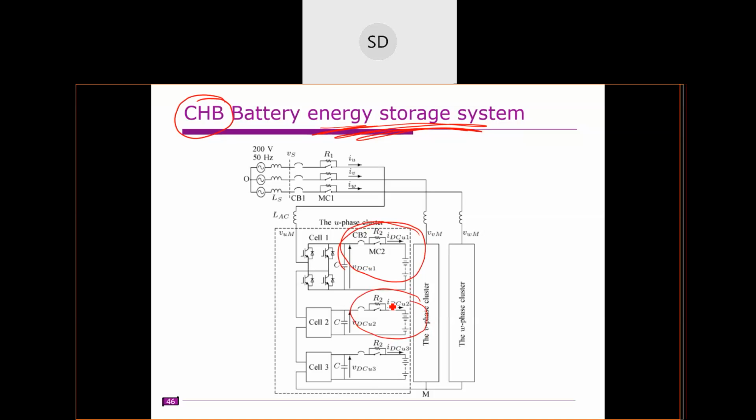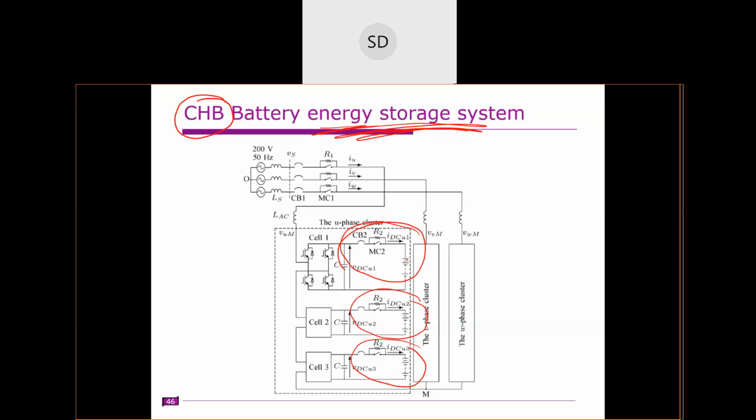Both real and reactive power can be controlled. Here the objective is to charge this battery, and depending on the state of charge, we can feed the power or extract the power.